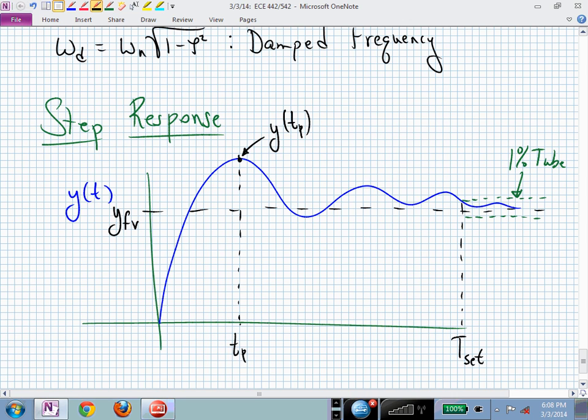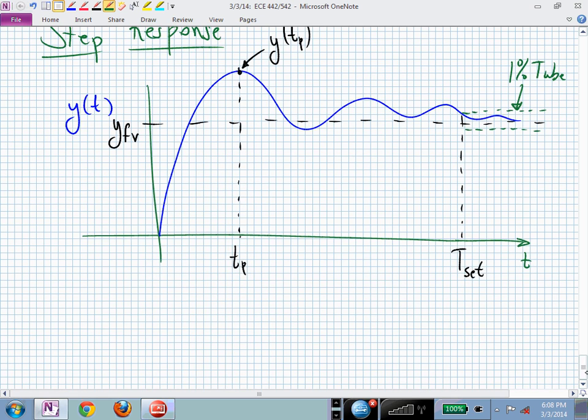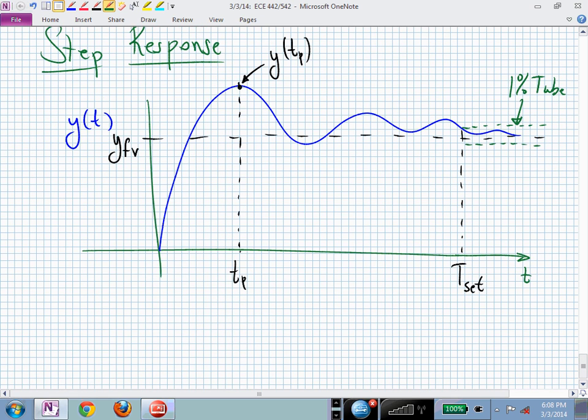That's when the response first gets into that 1% tube and never gets out of that 1% tube. That's our settling time, capital T sub s. I think I've defined what I want to define here. Meaning, keep track of T sub p. This is our peak time.